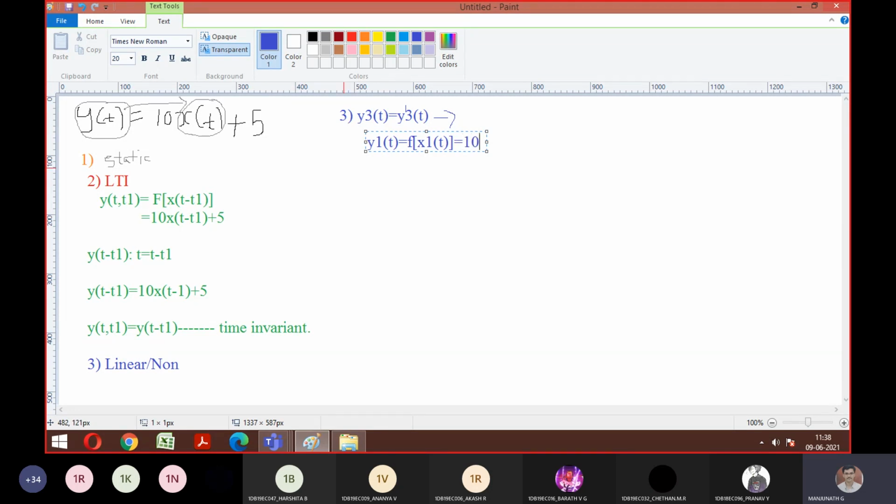So you should go with the question. According to the question, 10 x1 of t plus 5 is there. Wherever x of t is there, make it x1 of t. That's all. Is it okay what I told everyone? Have you understood or not?